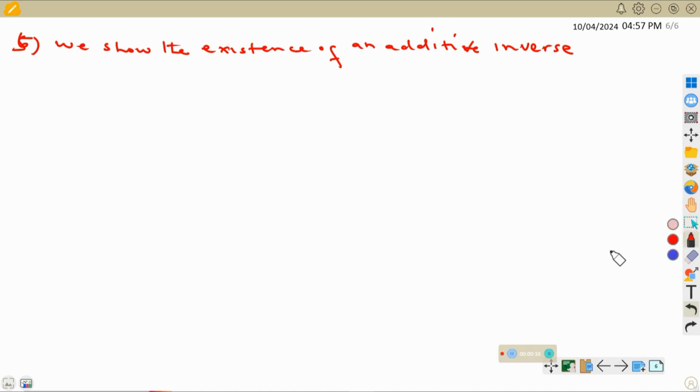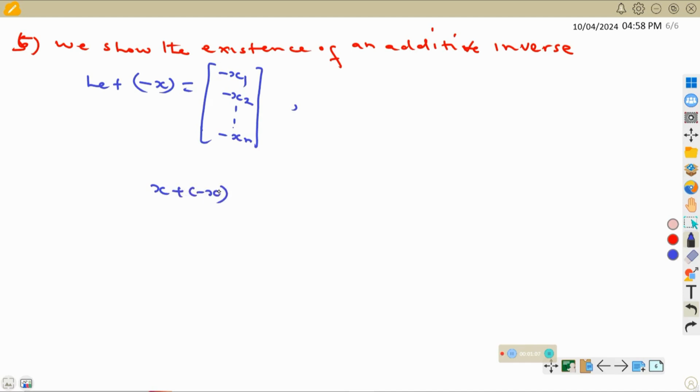As we have seen, we can say that we first write, for example, negative of x. What do you think negative of x will be? The negative of x is the same as negative of each element of x: negative x1, negative x2, up to negative xn. So let us now consider what will be x plus negative of x.